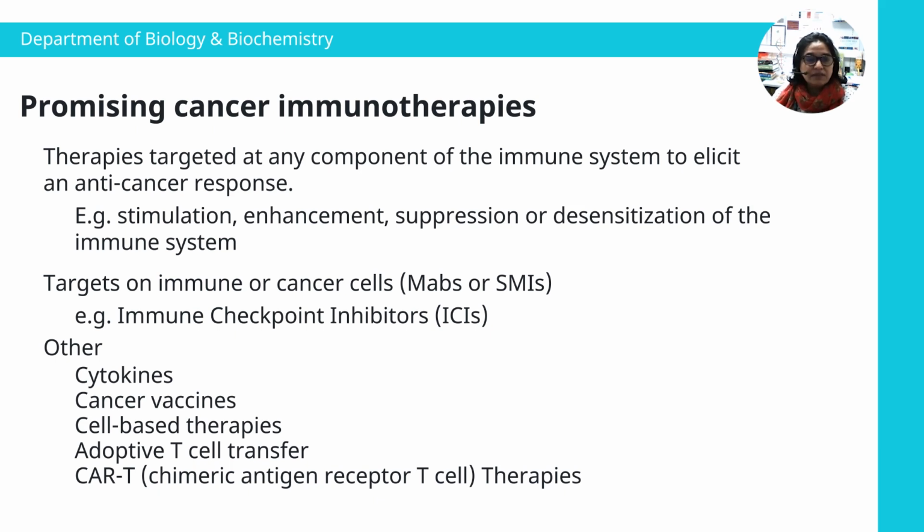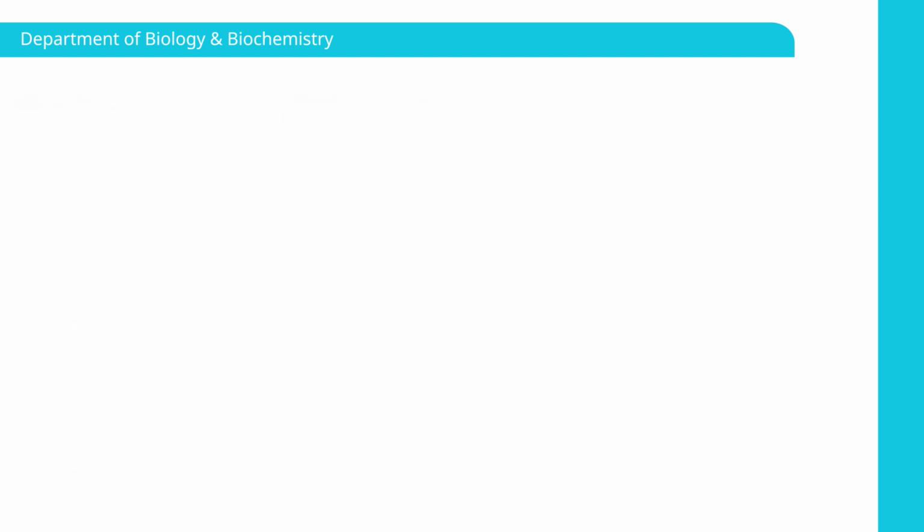And this works in several ways, either by stimulating or enhancing the activity of our own immune system, or suppressing or desensitizing certain other parts of our immune system, which is normally involved in inflammation. So this is really the promise of the future, where there are remarkable successes with certain types of cancer immunotherapies.